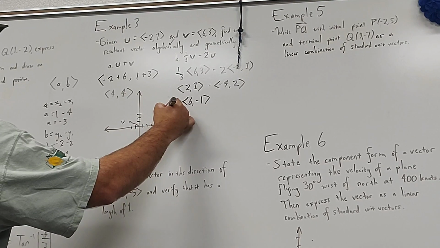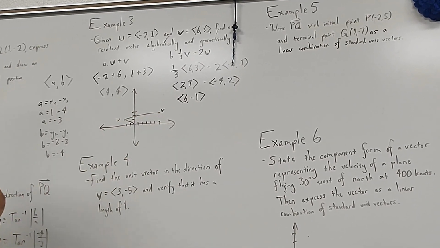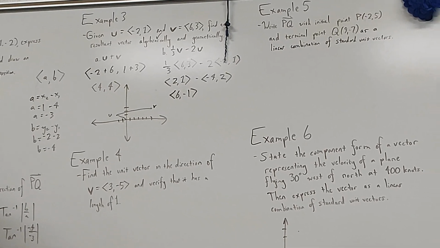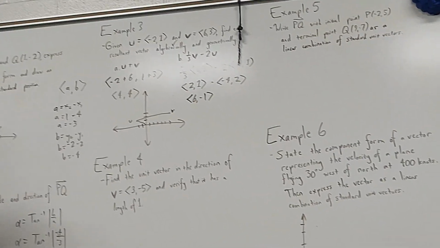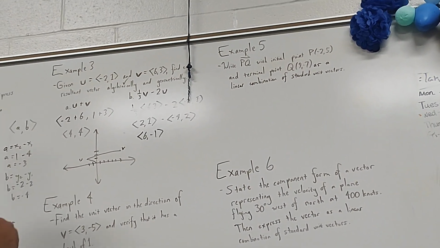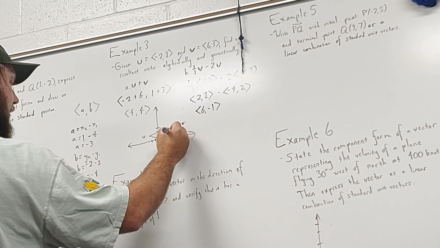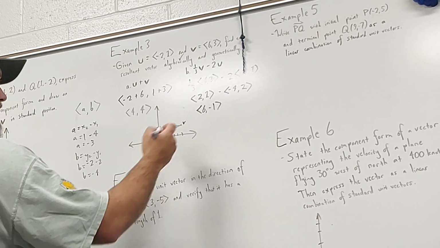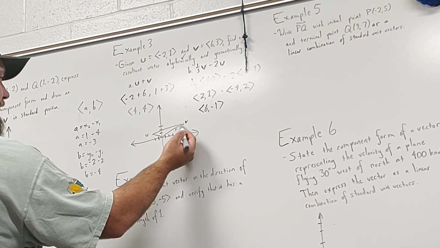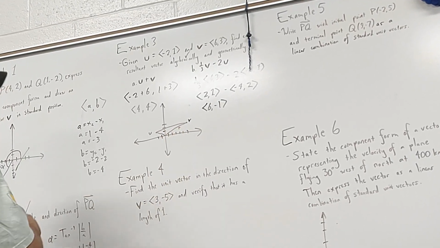And for organization's sake, I'll label this as v. We're going to go this way. And then our resultant vector, or a vector sum, is going to be labeled r. That is this point from here, the original standard position, to here, the vector.